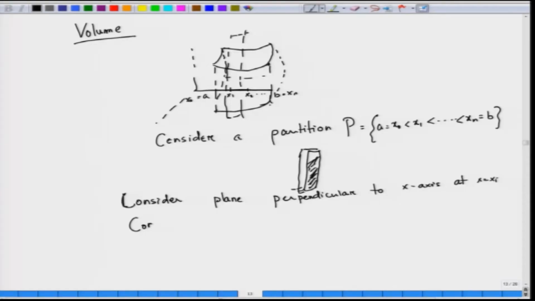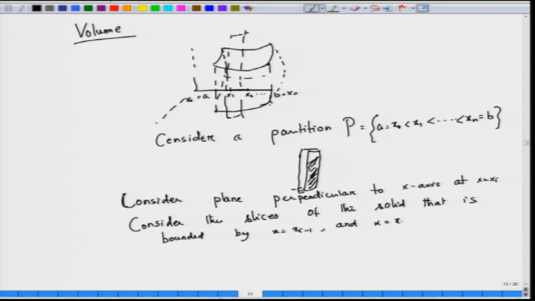Consider the slices of the solid that are bounded by x equal to x i minus 1 and x equal to x i.